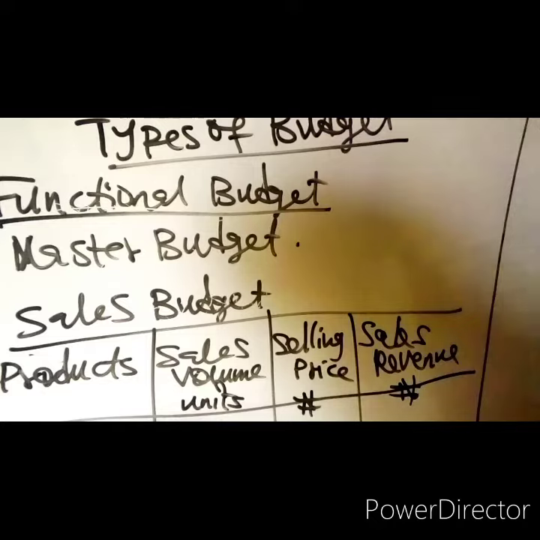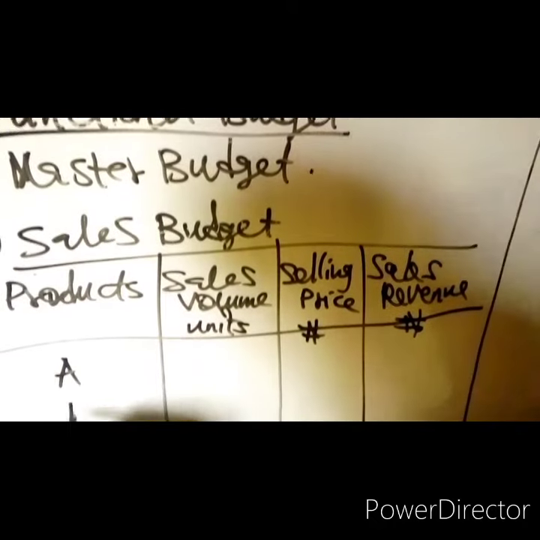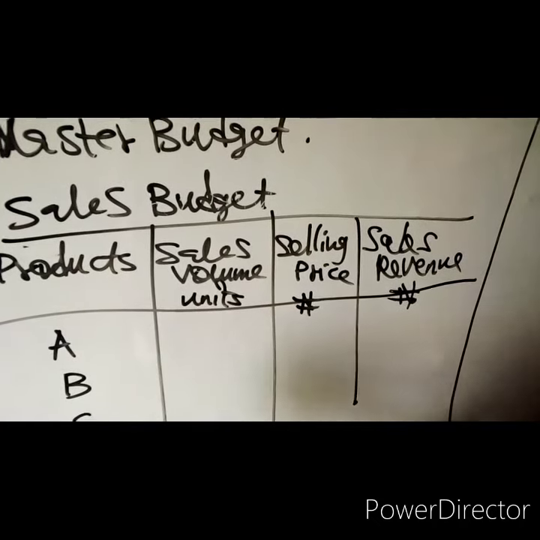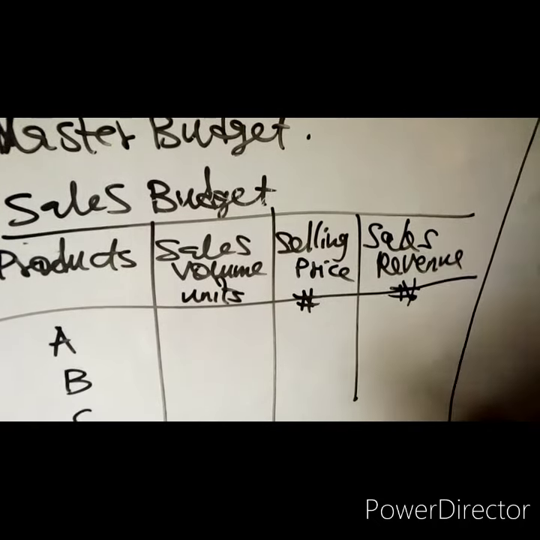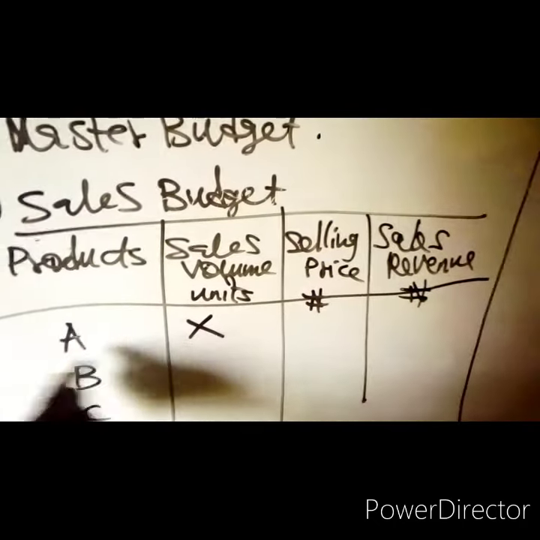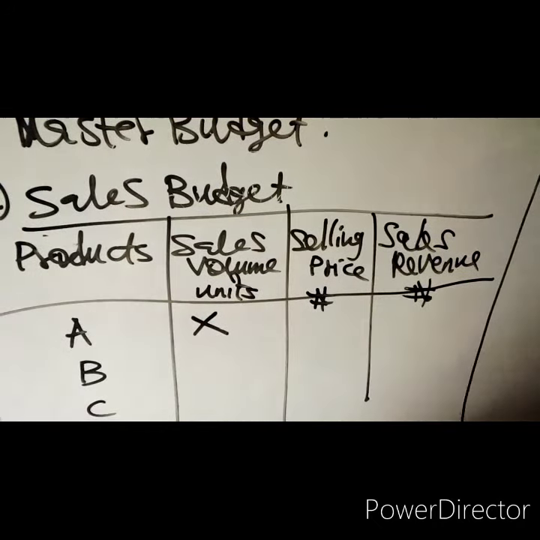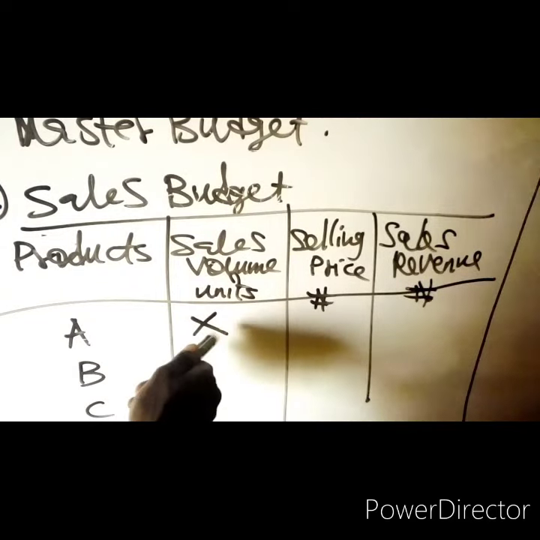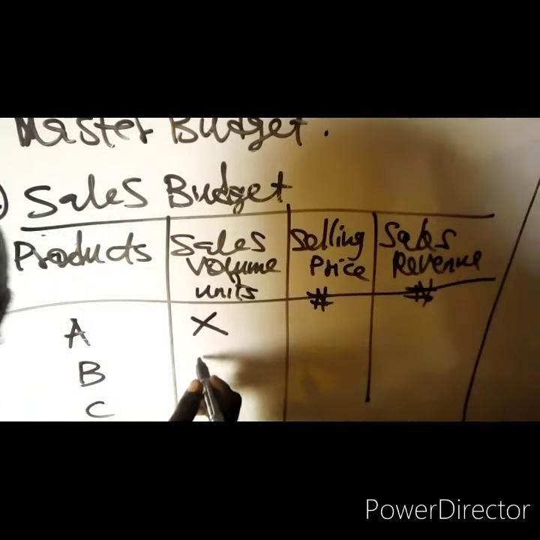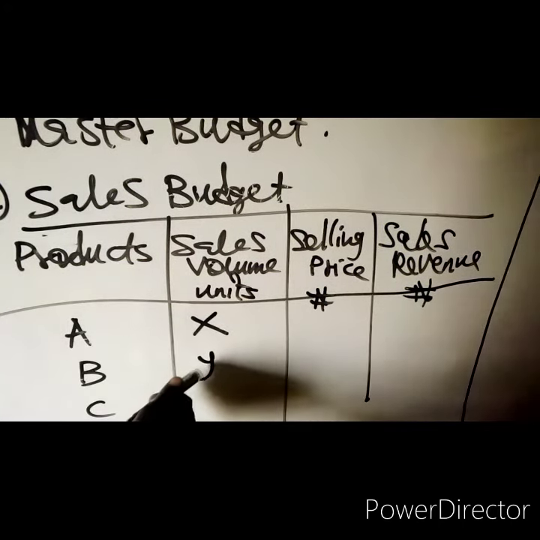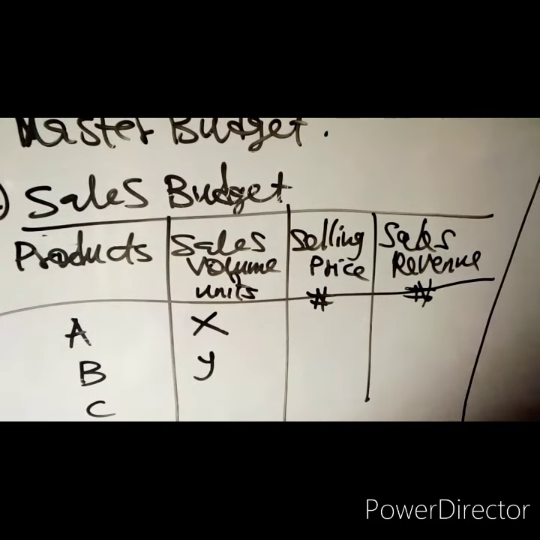So you have product A, product B, and product C. These are the three different products the organization is dealing in. X units of product A were budgeted to be sold. The quantity of product B budgeted to be sold is Y units, for the forthcoming accounting period.